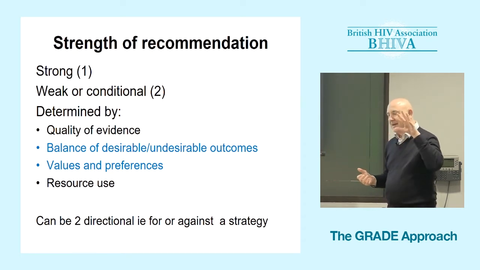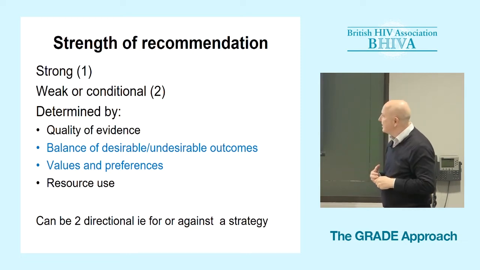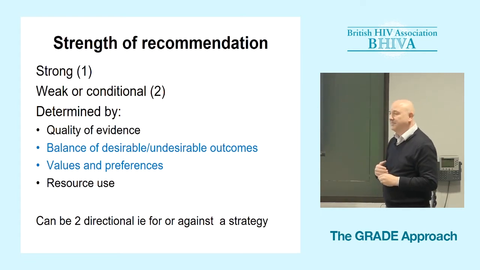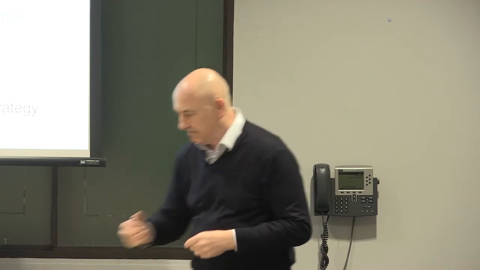You've got to make that decision about your critical outcomes right at the beginning. You have to get agreement. You can't go back on it. That's the reason why it's important to do that. The values and preferences are also very important, and so these will help decide whether it's a weak or a strong recommendation.